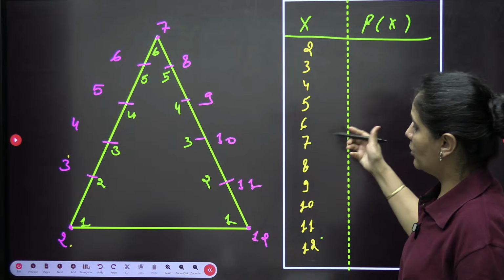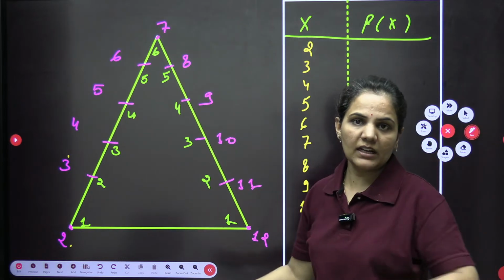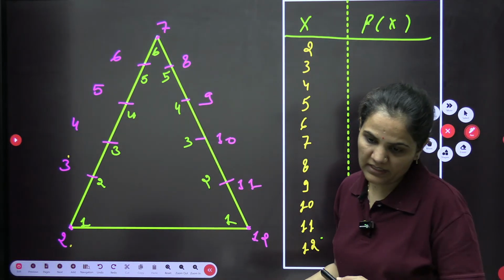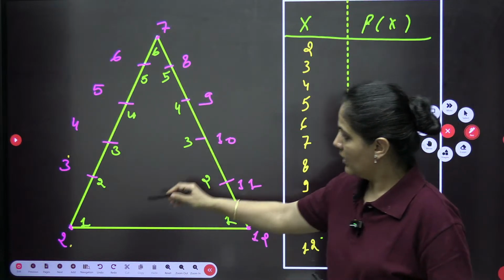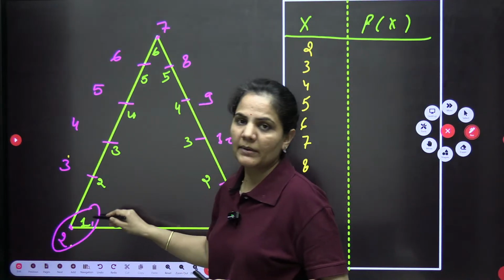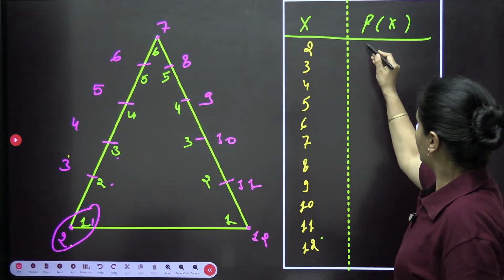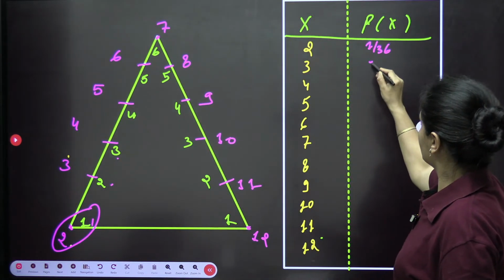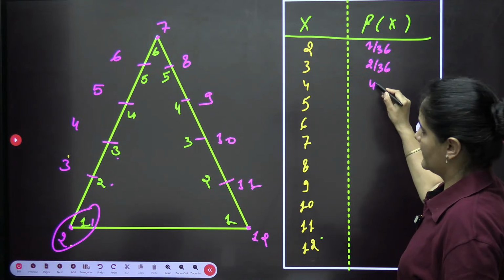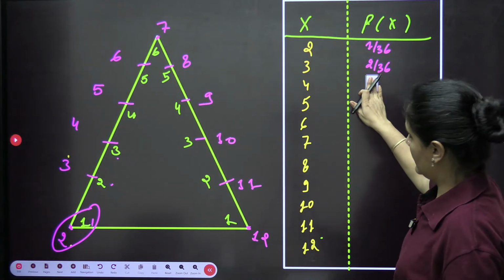Then it is talking about probability. Probability we know very well. We have two dice now. So for two dice, the total number of outcomes will be 36. Probability of getting sum 2 is 1 by 36, then 2 by 36, 3 by 36, 4 by 36.